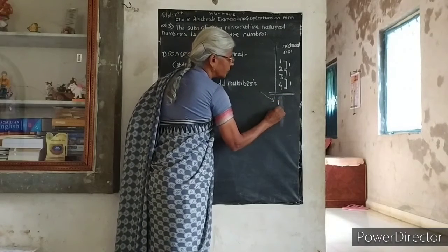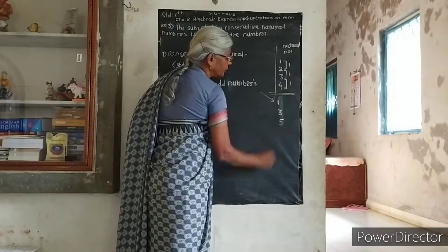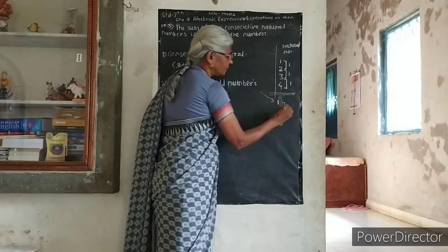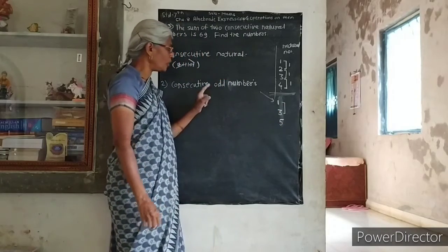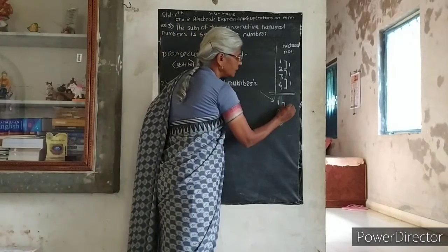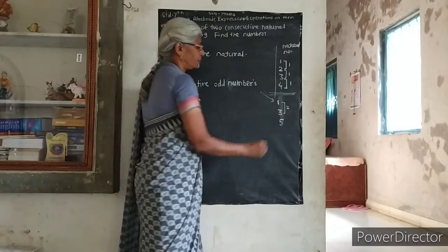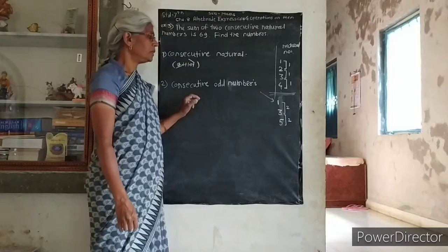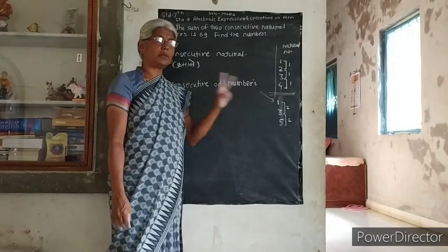You know odd numbers 1, 3, 5 and so on. Observe here, the difference between two consecutive odd numbers is 2.